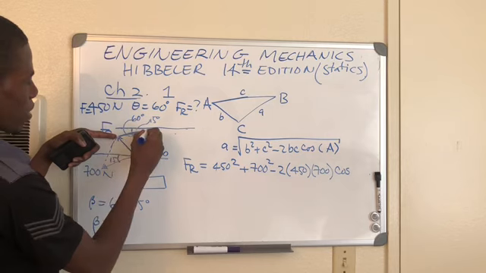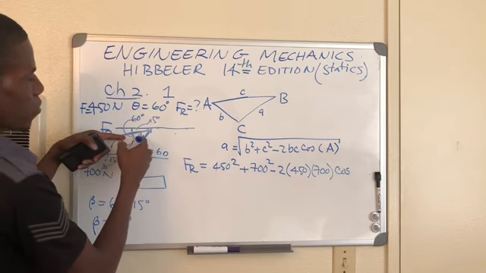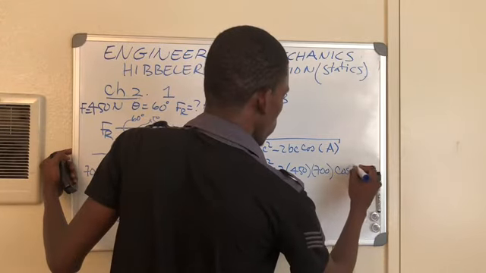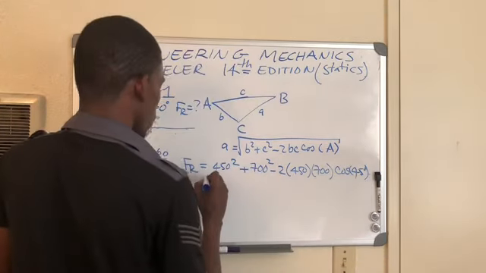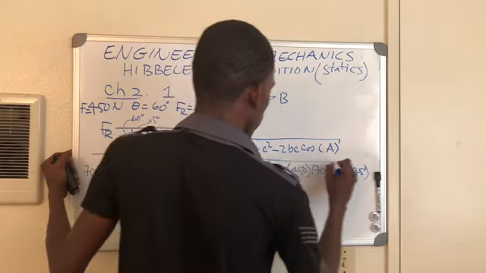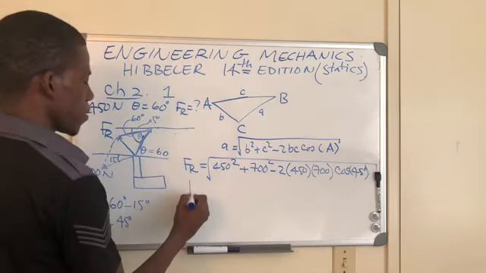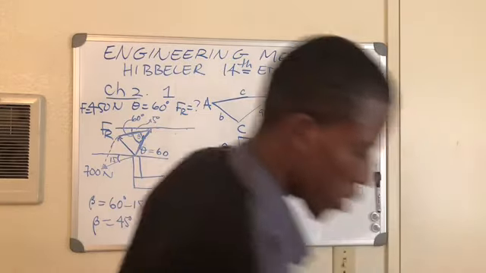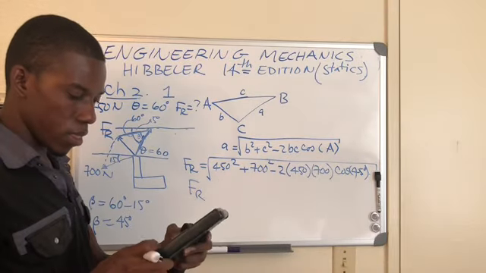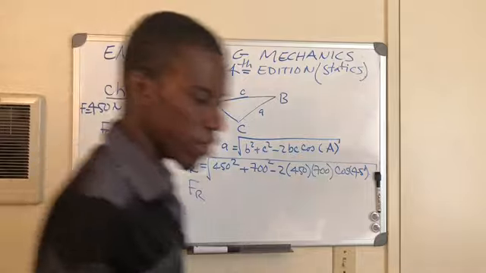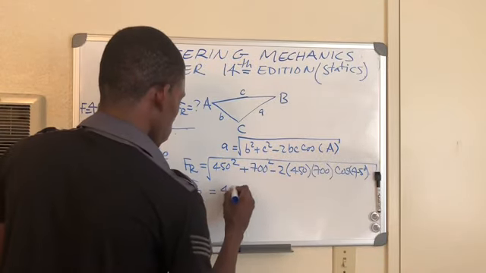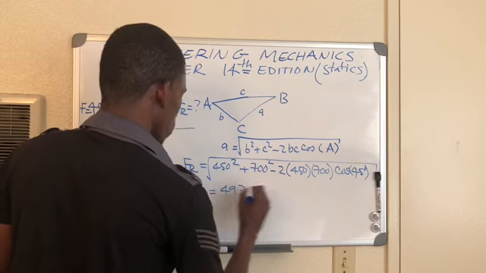This angle is beta, which is 45 degrees. That gives us that the resultant force is equal to 497 Newton.